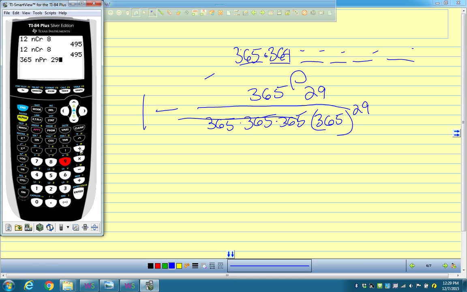Divided by, I think I have to do this in parentheses, divided by 365 raised to the 29th power. Okay? Did I do that right? Close the parentheses, hit enter.